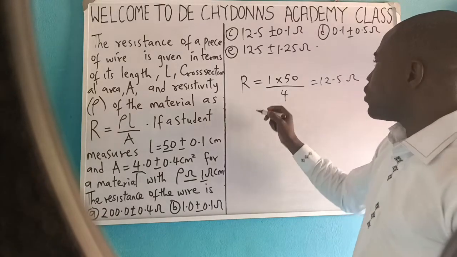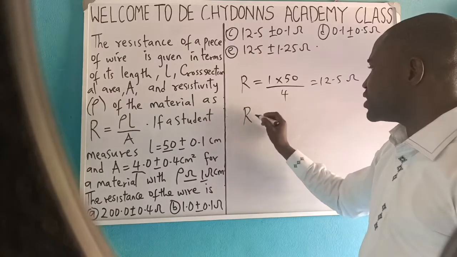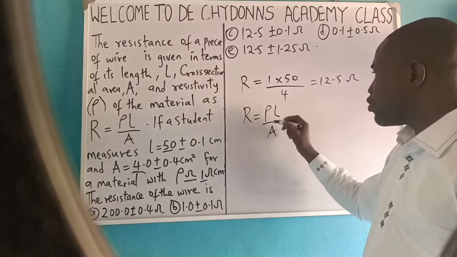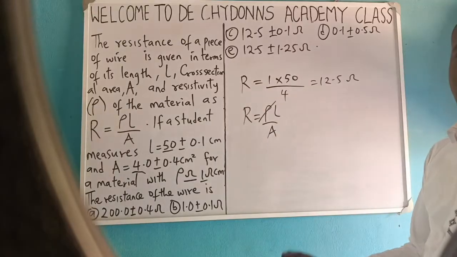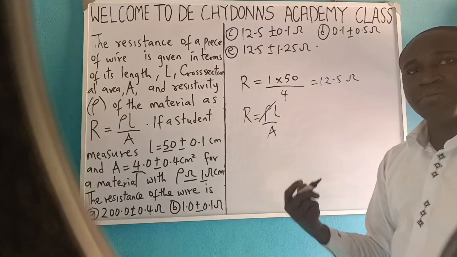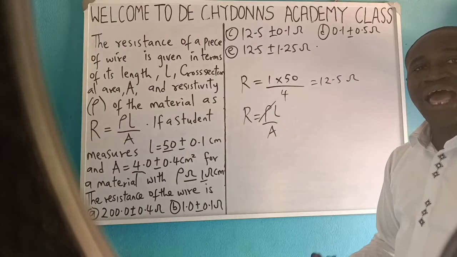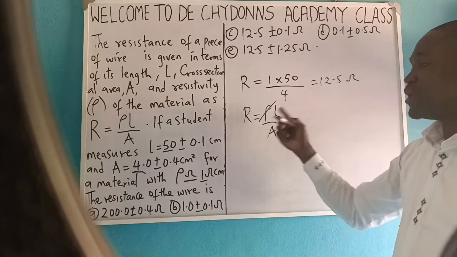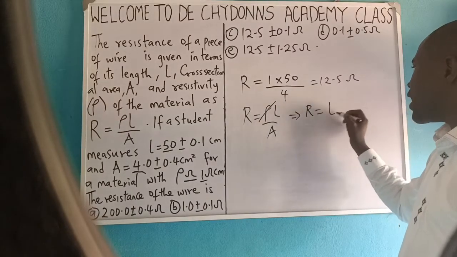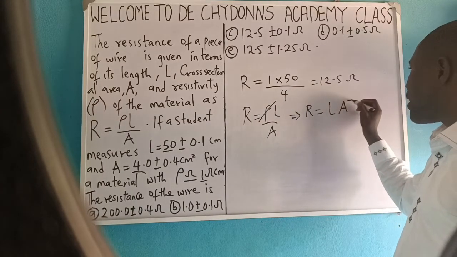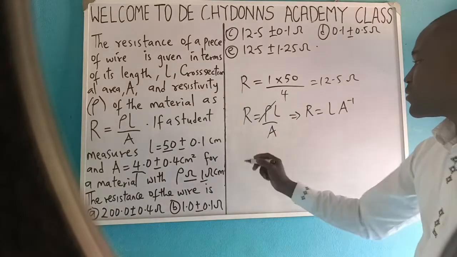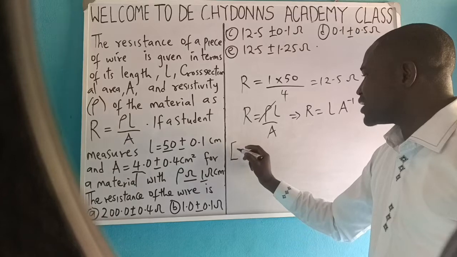And so we will cancel it. We will cancel it because it is not measurable from a measuring instrument, so we don't have its maximum error or the reading accuracy we can get while measuring it. So we'll be having that R is equal to L times A raised to power minus 1. This coming up. That means error in getting what?